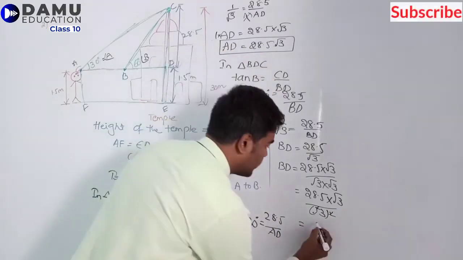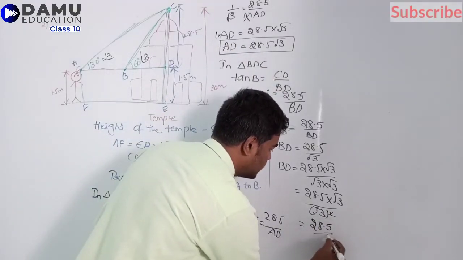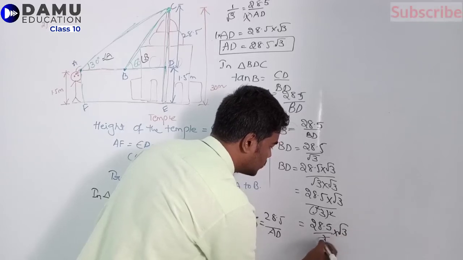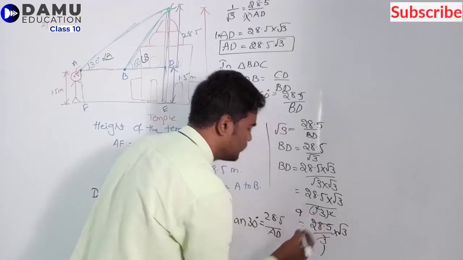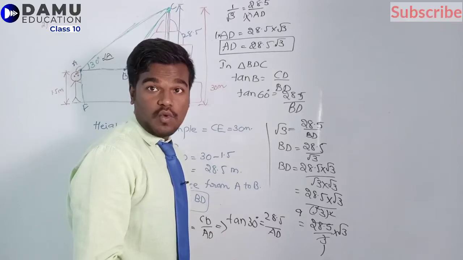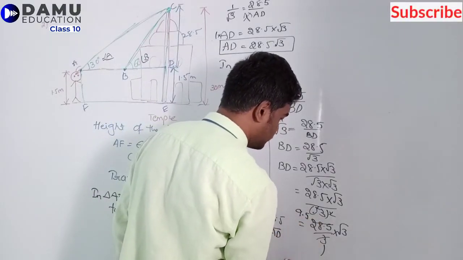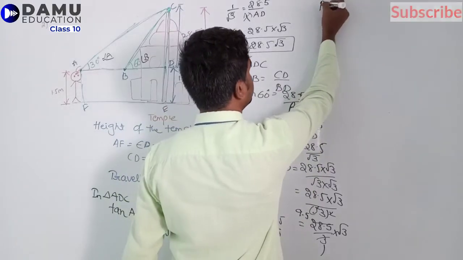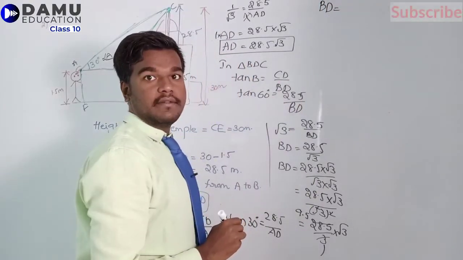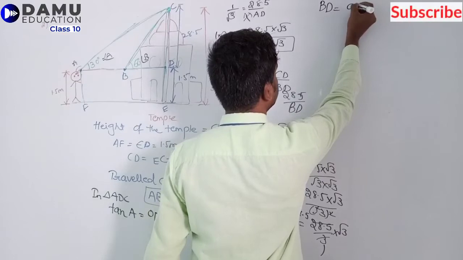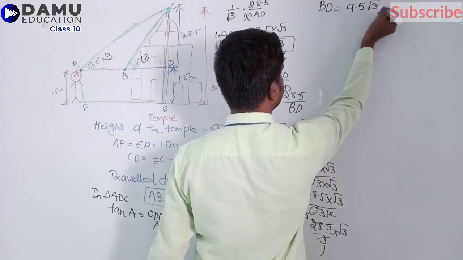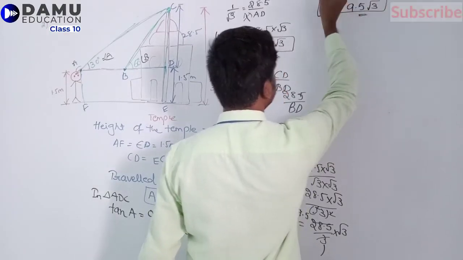Then 28.5 by 3 into root 3. 3 ones are 3, 9s are 27, then again 1 will be there, 5 3s are 15. So what is BD? BD will be equal to 9.5 root 3. So this is the value.